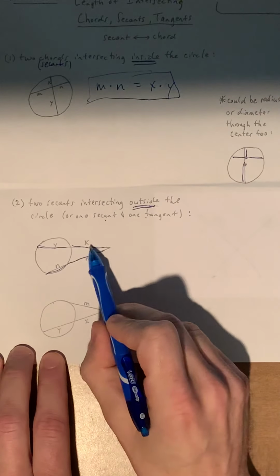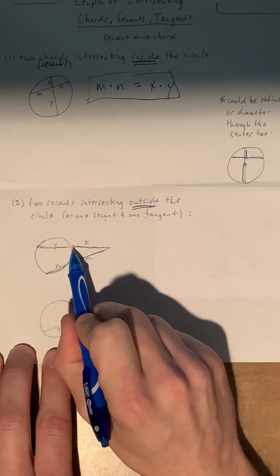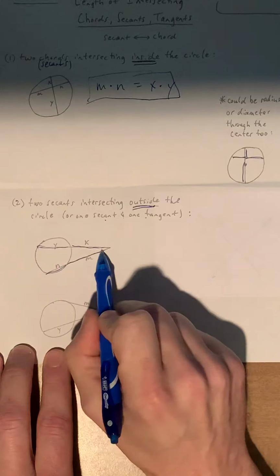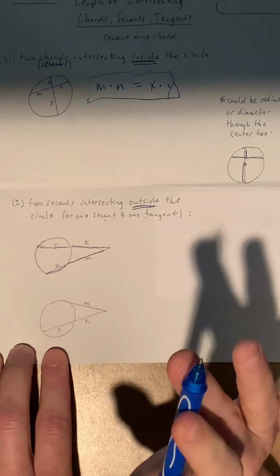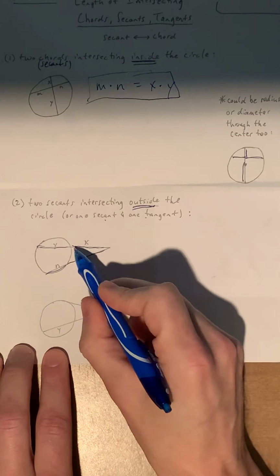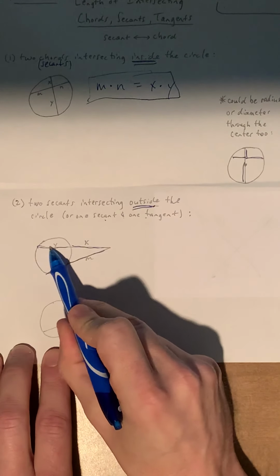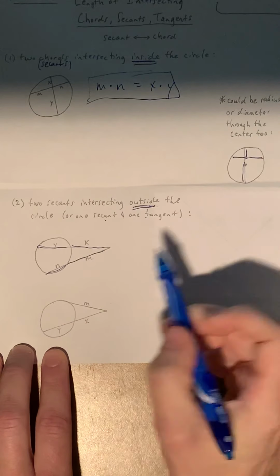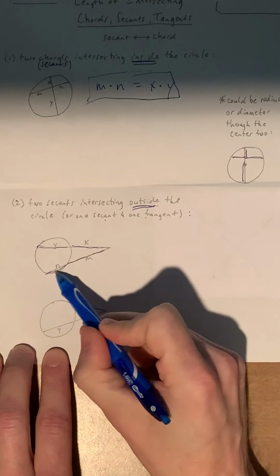Okay, here's the rule for a figure that looks like this. It's not both of these multiplied equals both of these multiplied. It's not like the first rule. It's a little bit different. Here, the rule is the outside piece times the entire thing is equal to the outside piece times the entire thing.